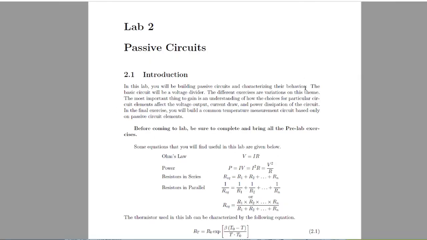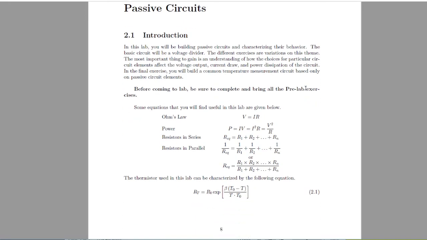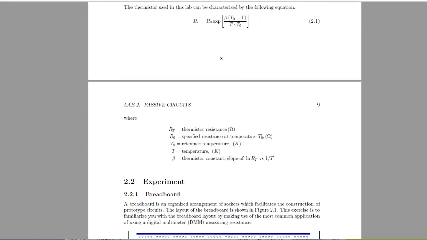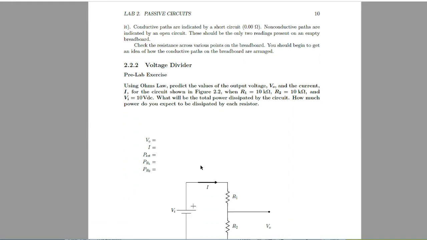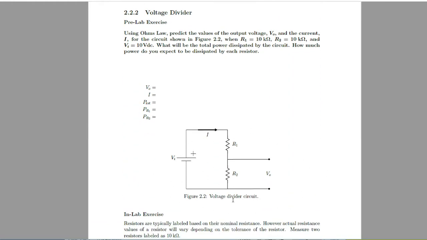So as far as the lab goes, you've got your first section. We're using this figure. We want you to calculate what the voltage drop here is going to be, the current, the total power, so the whole power for the circuit, and then the power being dissipated by R1 and R2.